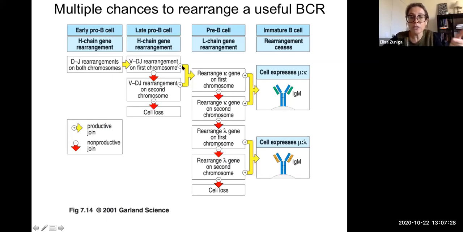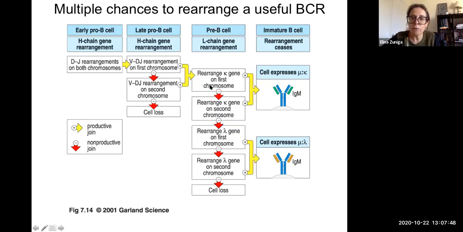It will induce proliferation to copy the cells that have successfully rearranged the VDJ, so have successfully expressed a heavy chain. And the third one is they will differentiate into the next stage of development, which is the pre-B cell.